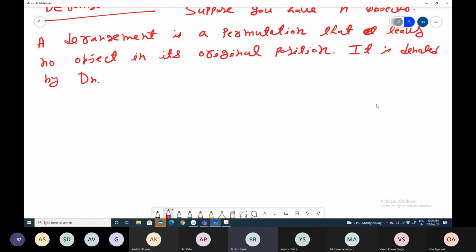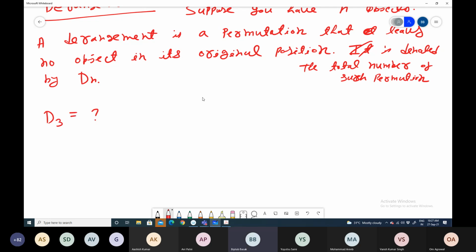So can you tell me the total number of such permutations, which is denoted by Dn? For example, what is D3?